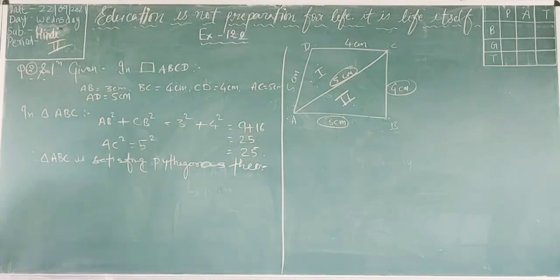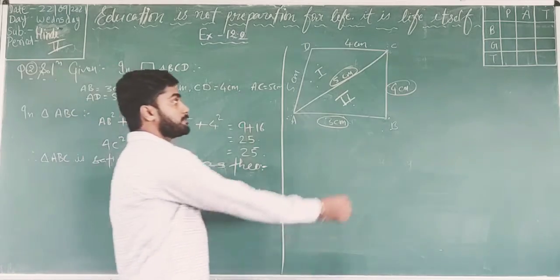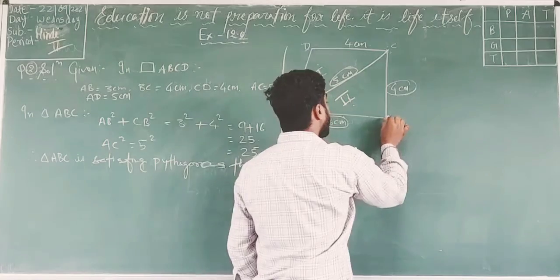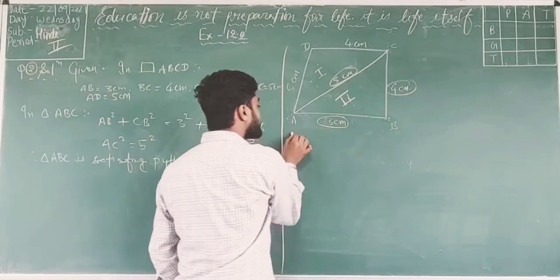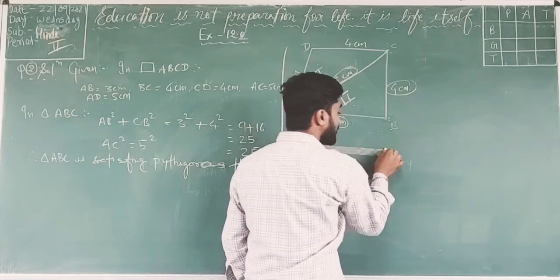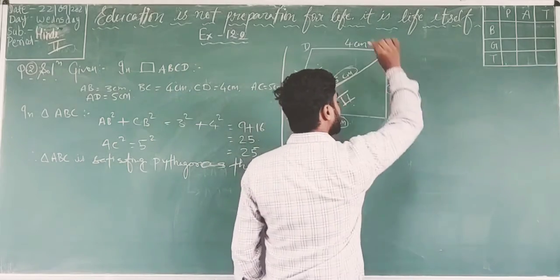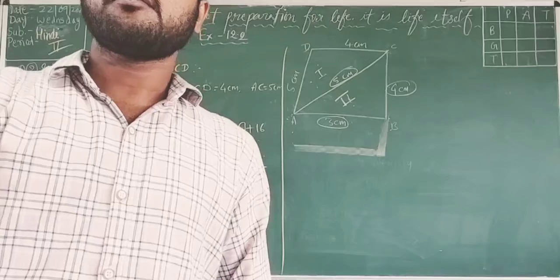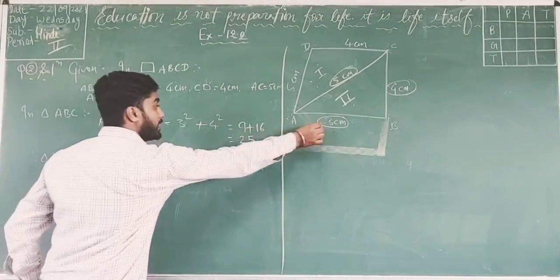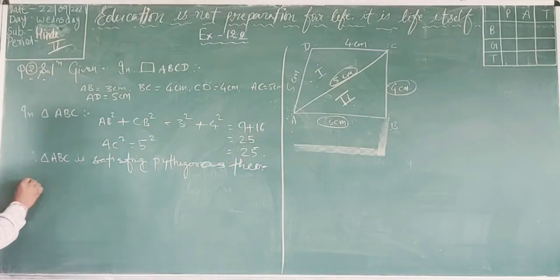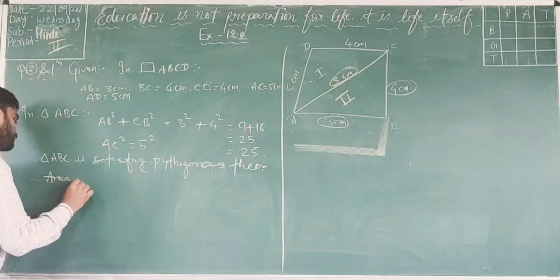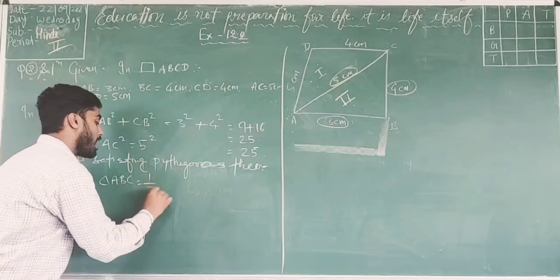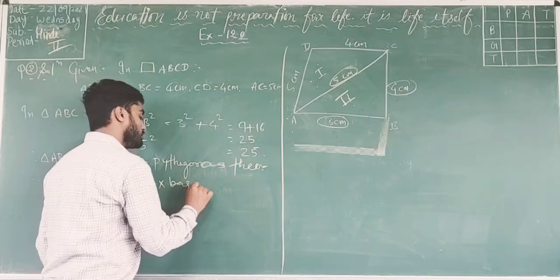BC of 4 centimeter is perpendicular of that triangle and AB is base, because in downside there will be base and upside there will be height, or perpendicular. So we have base 3 and height 4. Therefore area of triangle ABC equal to half into base into height.